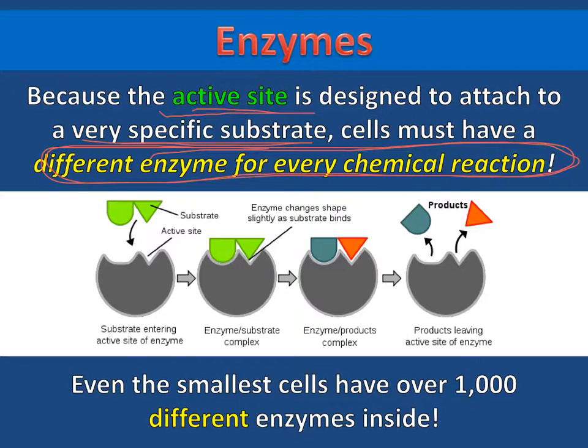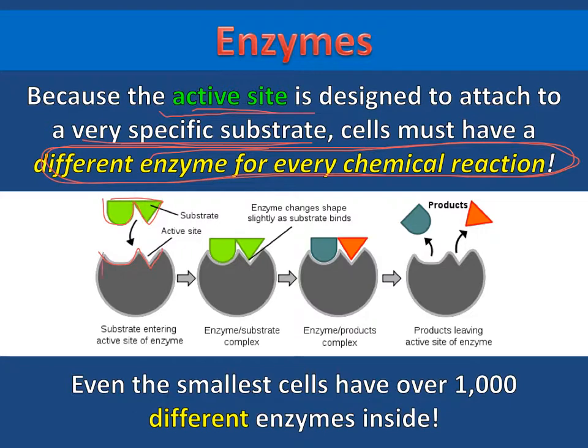Question 14, why does a cell need a different enzyme for every reaction? Because the substrate is very specific to that shape of the active site. So say the substrate is very specific to the shape of the active site. If it's not the same shape, like this picture here, it will not bind.